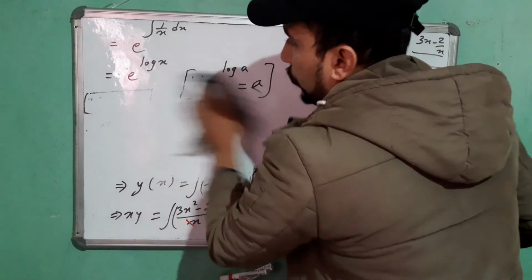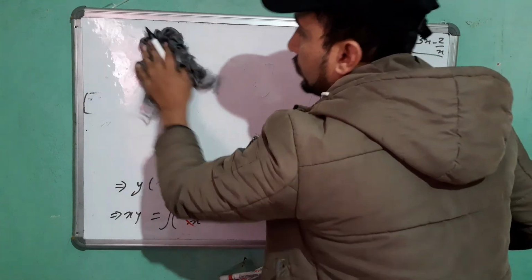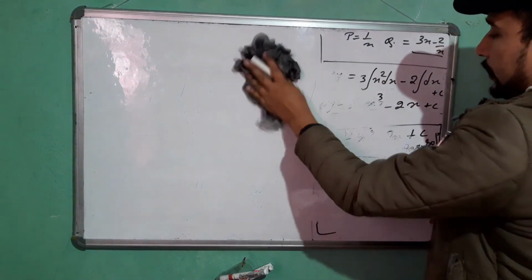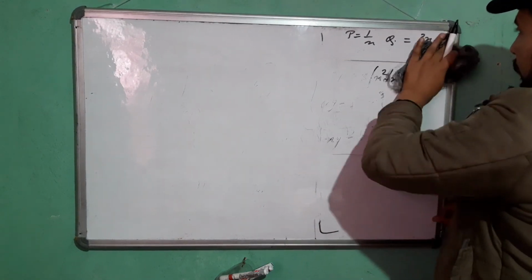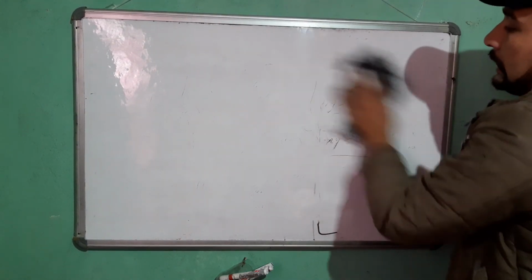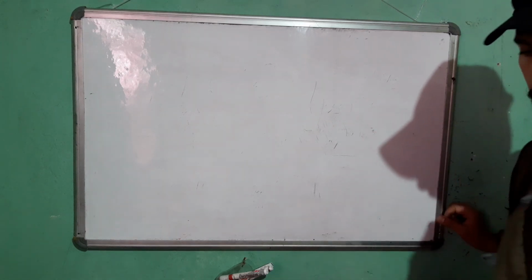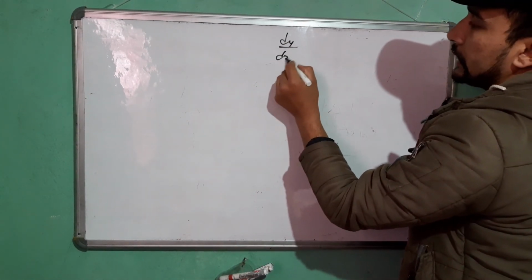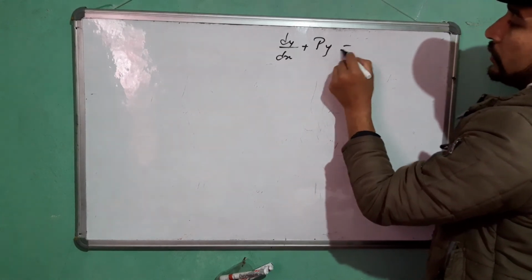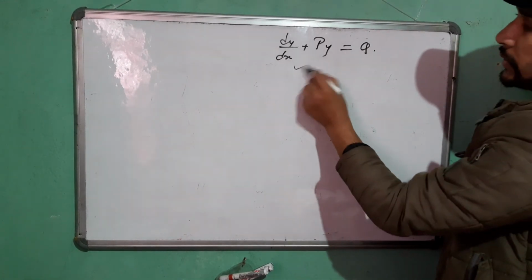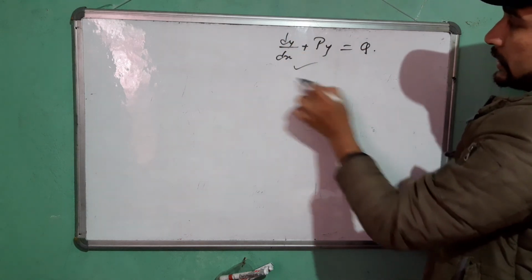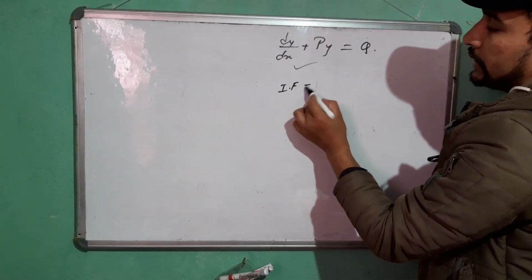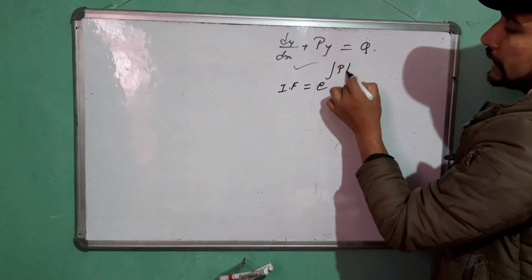So I'll give one more question. For a linear differential equation you should remember a few things. First of all, whether you can express it in this form or not: dy dx plus py equals q. If you can, then you have to find the integrating factor. Integrating factor is equal to e to the power integration p dx.